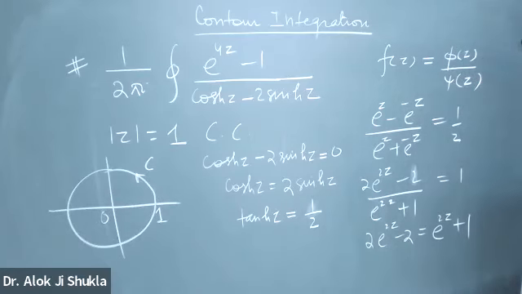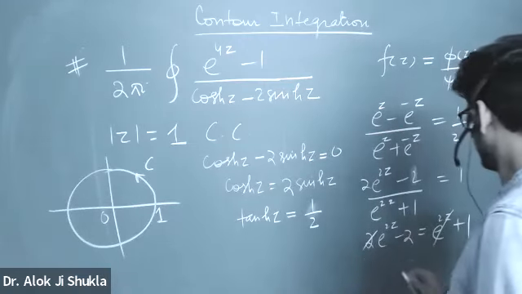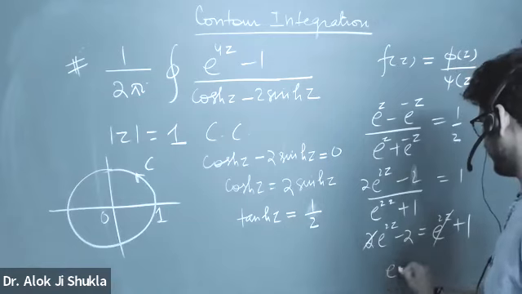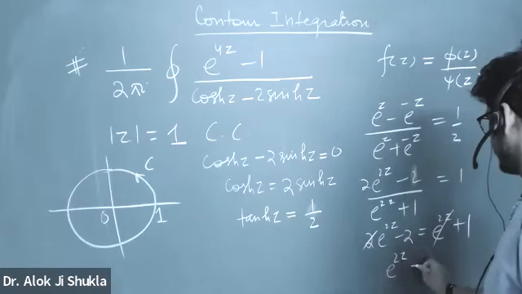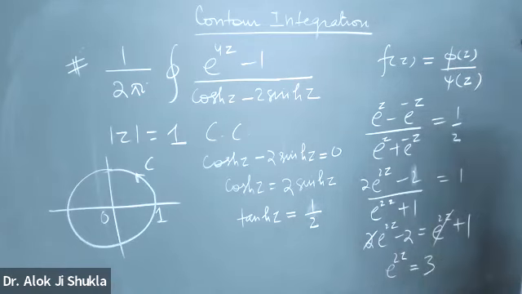This gets cancelled, and e to the power 2z is equal to 3. So what is the pole? e to the power 2z is equal to 3.